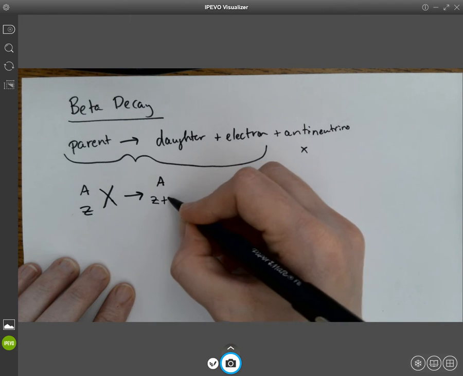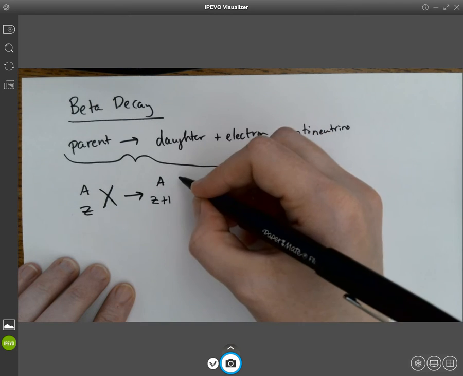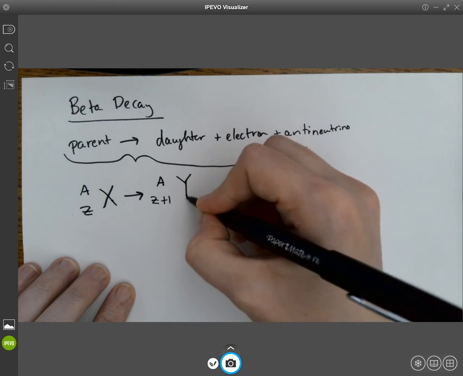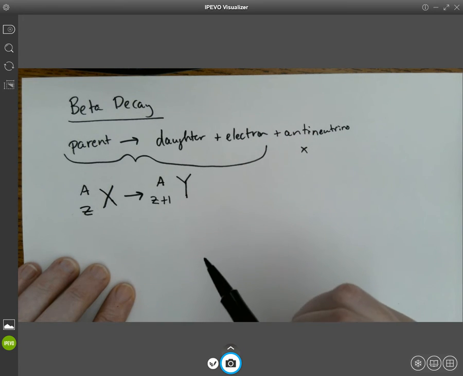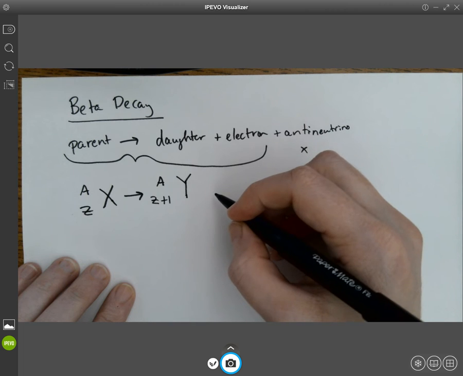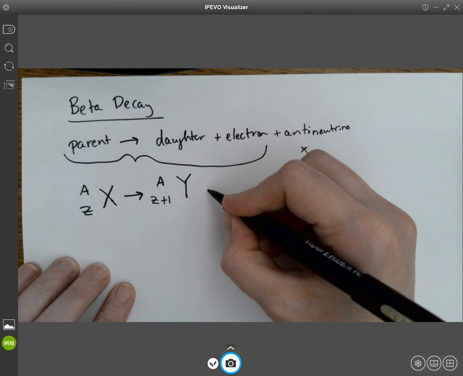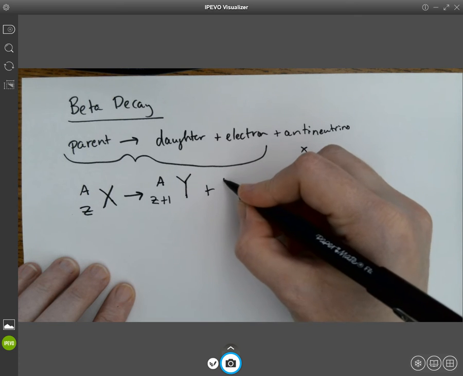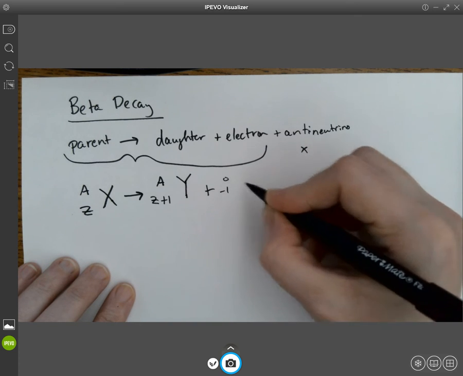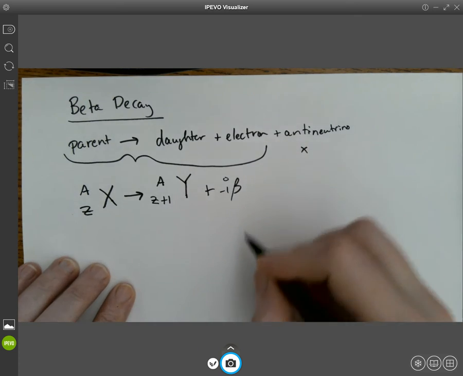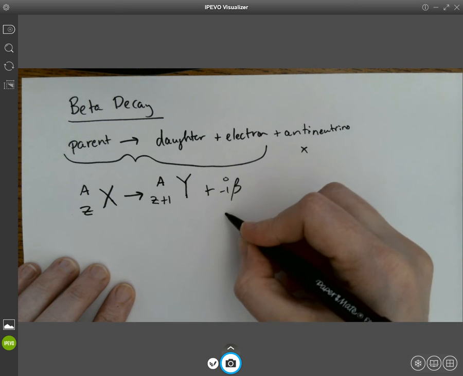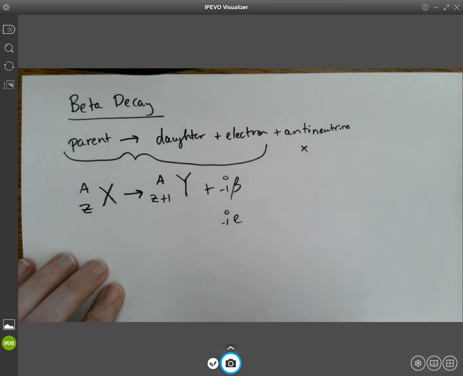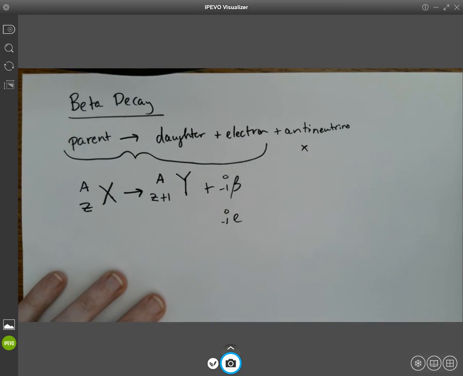And we have Z plus 1. Then Y will represent the daughter isotope symbol. And then for the beta particle, you can either write that as this, or we can write it as an electron symbol. So either one of those would work.